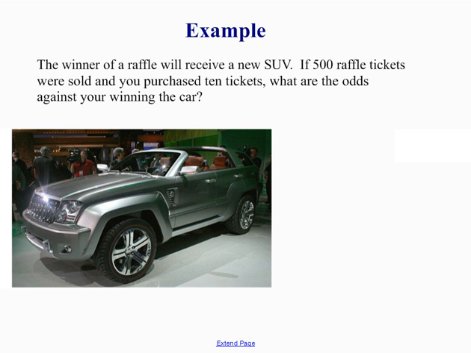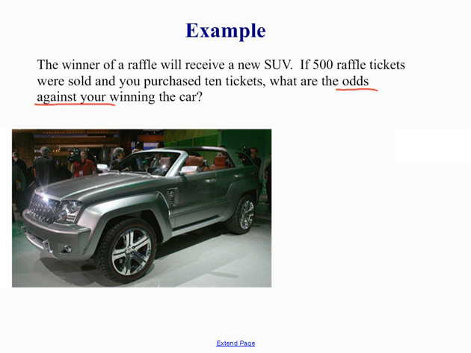Here's another example. The winner of a raffle will receive a new SUV. If 500 raffle tickets were sold and you purchased 10 tickets, what are the odds against your winning the car? Well, again, we are being asked to state the odds against us winning the car. So we're going to state the number of unfavorable outcomes.